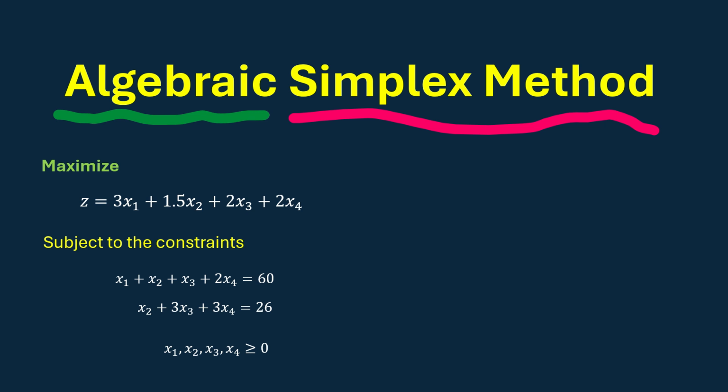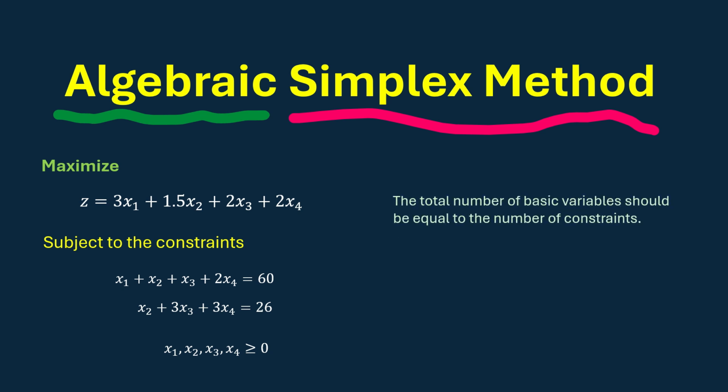In the previous video, we saw that in canonical form, we use basic and non-basic variables, and the total number of basic variables should be equal to the number of constraints. Here, we arbitrarily choose x1 and x2 as basic variables and x3 and x4 as non-basic variables.